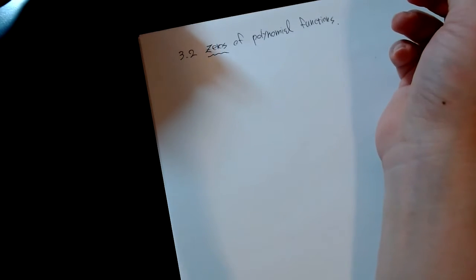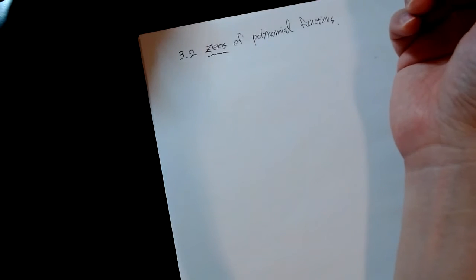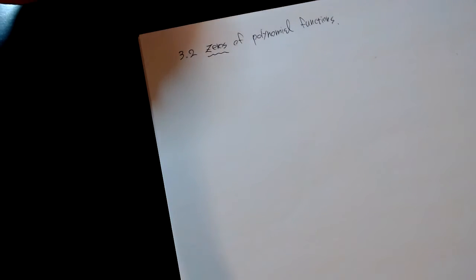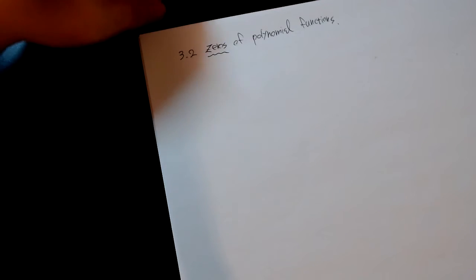Zeros is nothing but the solution or root. Specifically, if the type of function is a polynomial function, then the x value satisfying P of x, the function, equals 0 is called a zero of a polynomial function.